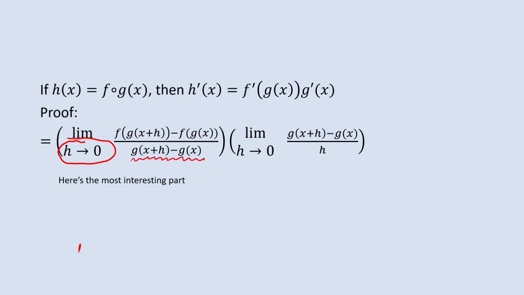We can assume that our curve is continuous over this interval, so as the horizontal distance between 2 points on a continuous curve gets infinitely close to 0, the vertical distance between the 2 points on that curve will also get infinitely close to 0. So as h is going to 0, we know this denominator is going to 0, but we can also say this denominator is going to 0 as well.